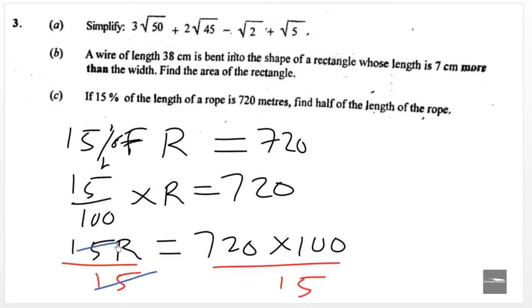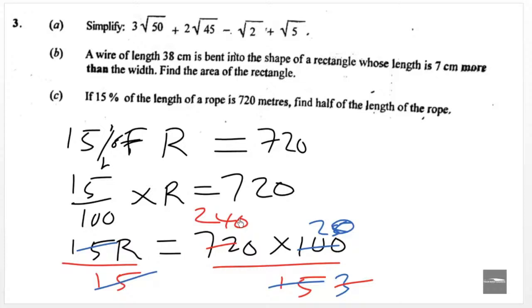Then we know 5 will go into 100 how many times? 20 times. And 5 will go into 15 3 times. Again, 3 will go into itself once. 3 will go into 72 how many times? That will be 24 times. So it will be 240.